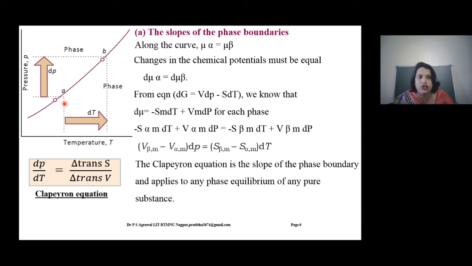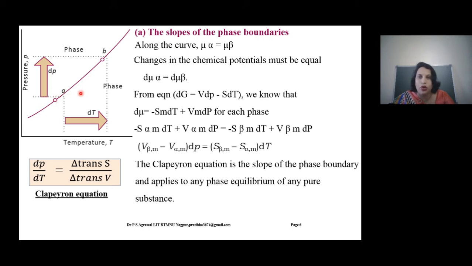The chemical potentials of the phases are initially equal. The two phases are in equilibrium. They remain equal when the conditions are changed to another point on the phase boundary, where the two phases continue to be in equilibrium. At equilibrium, T, P and mu are the same in two phases.